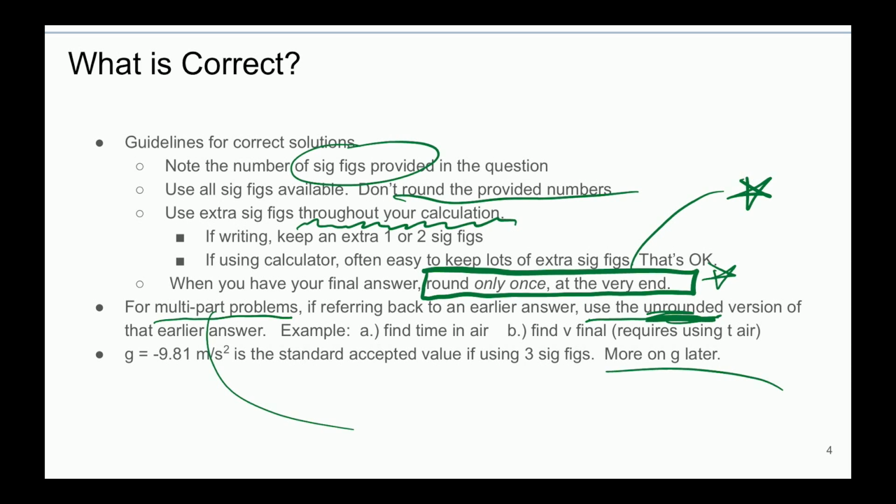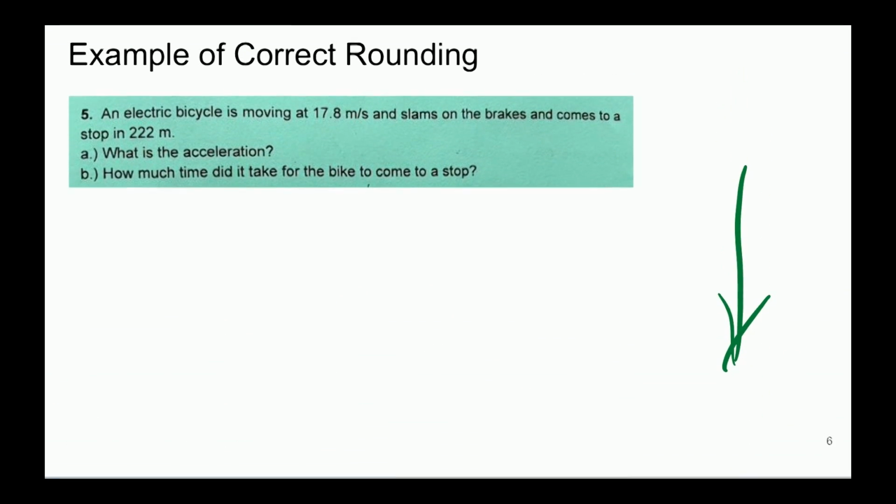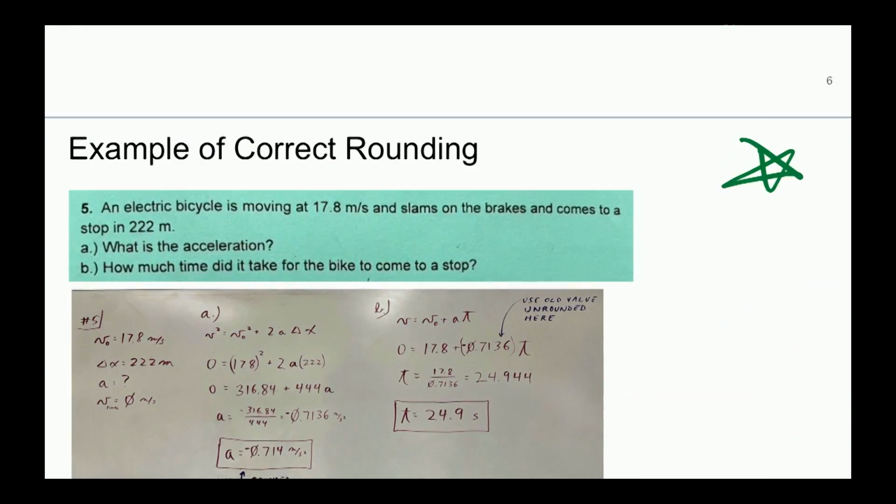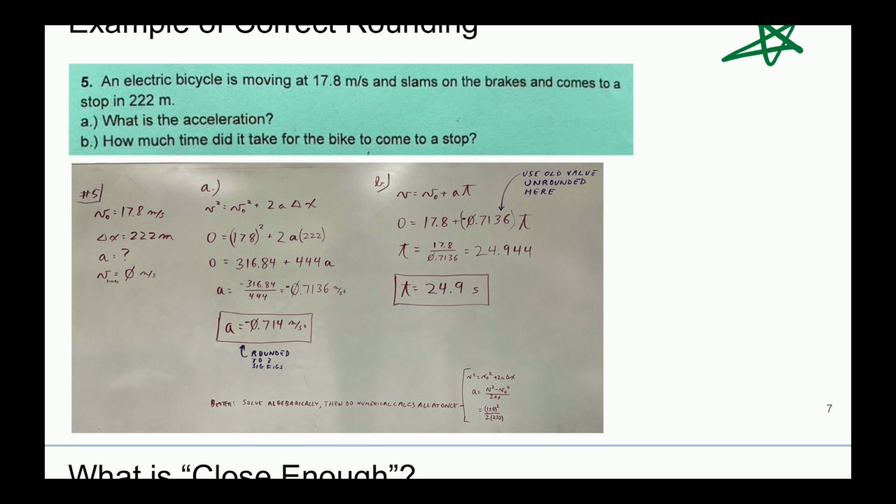Okay, so that's the rules. Now let's talk about what that looks like in real life. I did an experiment with my students once. We looked at answers to a given problem. This was a homework problem, and it's trying to figure out acceleration in a kinematics problem in one dimension.